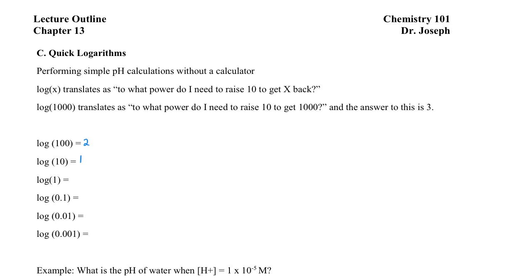That's probably the trickiest one on here, but if you've taken your math prerequisite, that should make sense. And then what about numbers that are smaller than 1? Well, for that we have negative powers. So we would have -1, -2, and -3. So that's your basic idea of the logarithm: to what power do I need to raise 10 to get x back?